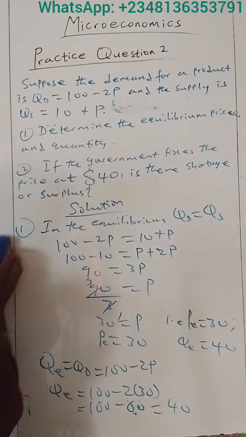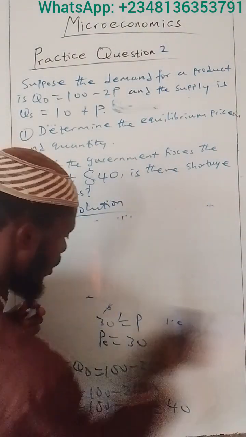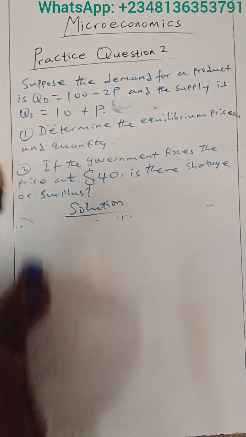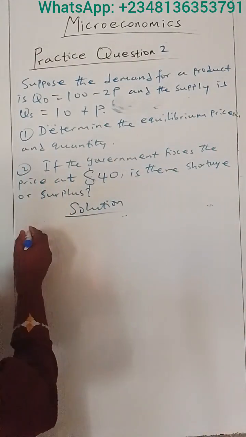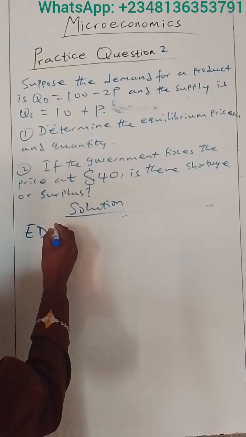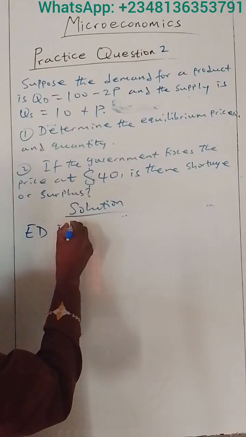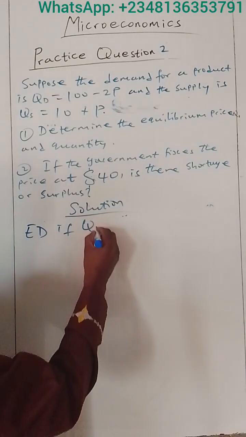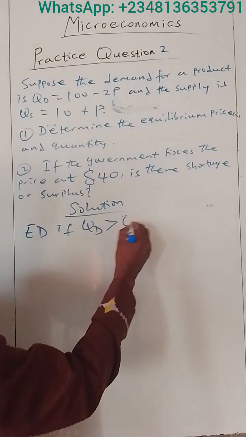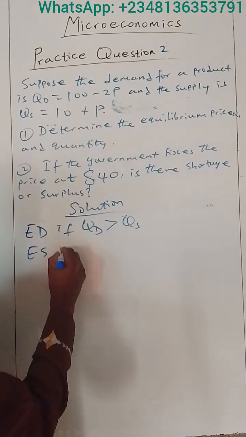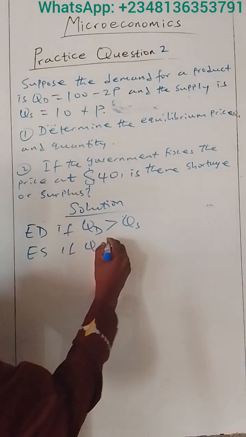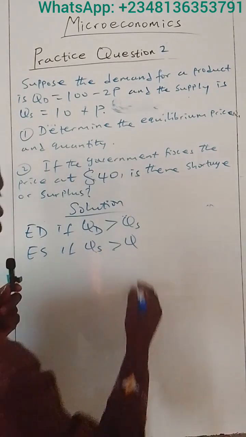Okay, so how are we going to determine the excess demand or excess supply? Okay. So you remember you have excess demand if quantity demanded is greater than quantity supplied. And you have excess supply if quantity supplied is greater than quantity demanded.